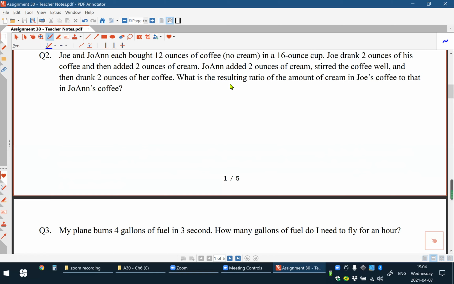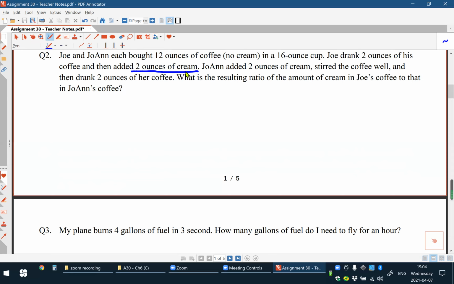So let's say first, what's left in Joe's coffee? So for Joe, initially he has 12 ounces of coffee, right? And with no cream. Then he drank 2 ounces of his coffee and then added 2 ounces of cream.